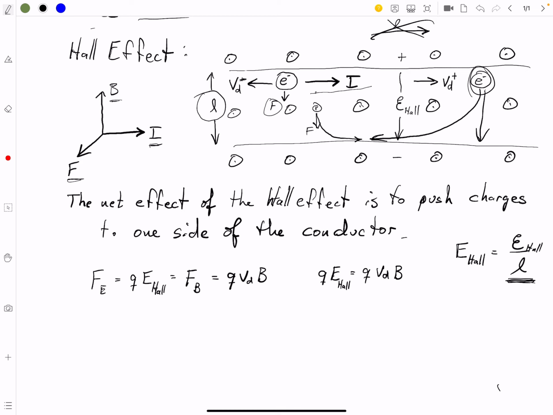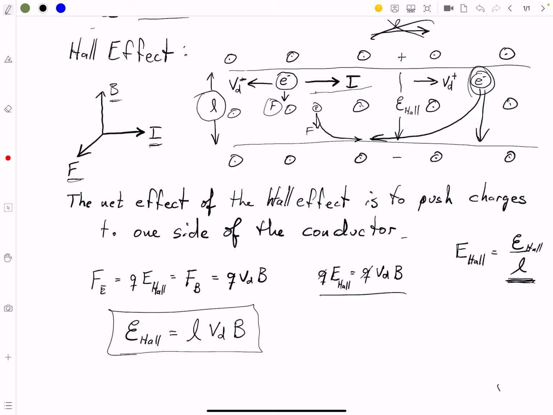Since we've got this equation, we're going to cancel our Q's. We're going to say that the EMF of the Hall is equal to the length, or I'm sorry, the width, actually the length of travel, but it's really the width of the wire, times our drift velocity times the B field that they're sitting in. And this, my friend, is the Hall EMF.